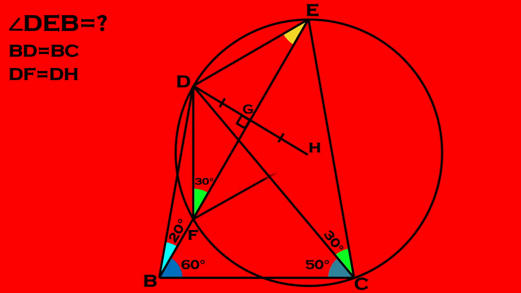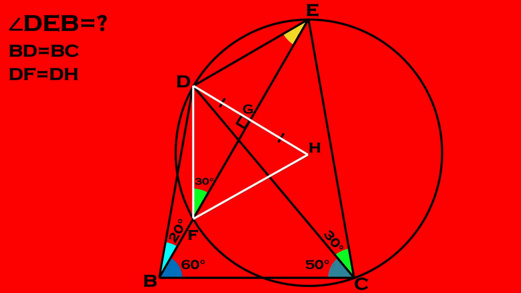Now, we form the segment FH and we focus on this white triangle. We have that the blue line is a perpendicular bisector of DH. Therefore, point F must be equidistant from the endpoints of DH, and so DF will be equal to HF.